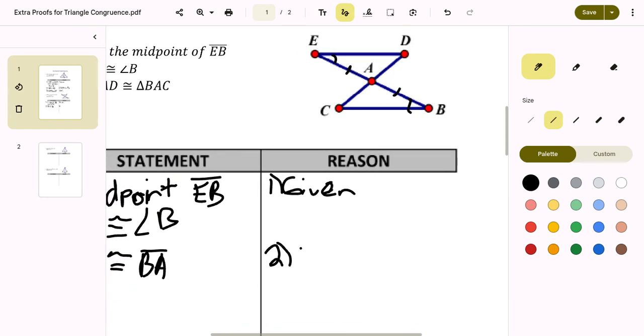So our reason for that is then going to be definition of midpoint.